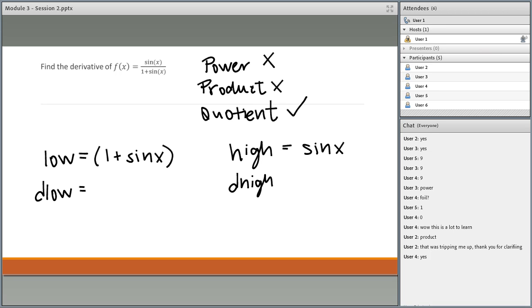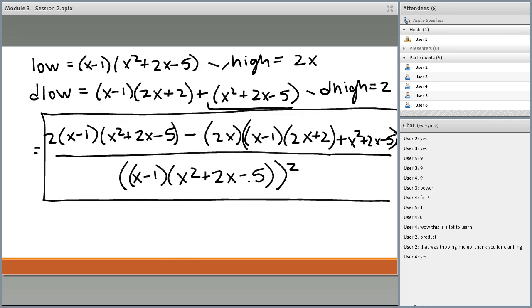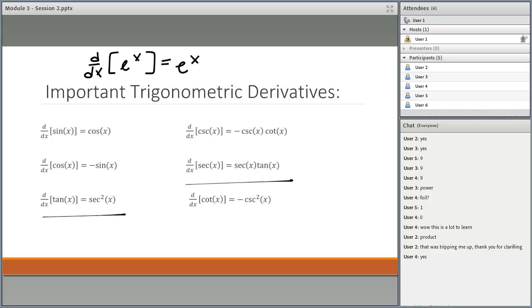So then we need the derivative of the denominator and the derivative of the numerator. Well, again, you can always go back to your table. We need the derivative of sine x. And the derivative of sine is cosine.